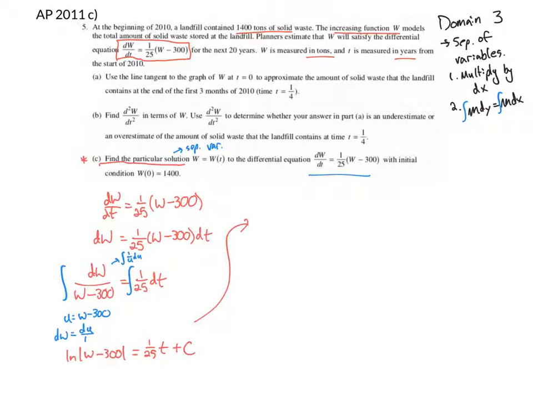So in order to do that, what I'm going to do is exponentiate both sides by using e to the power of, and I would get W minus 300 equals e to the 1/25 t plus c, which is equivalent to writing C e to the 1/25 t. And then if we add in the 300, move it over to the other side. So boom, here is my general solution.